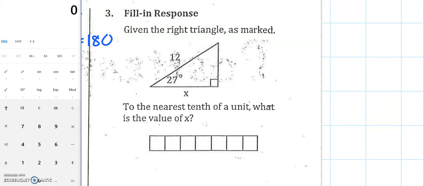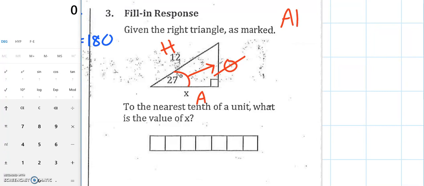So when we use trig, we start off by taking a look at our reference angle, which is 27 degrees. We label opposite, adjacent, hypotenuse. In this case, we don't have the opposite, we have no information about it, and we're not trying to find it, so we're not going to use O. We have A and H, which according to SOH CAH TOA means we're going to use CAH, cosine.